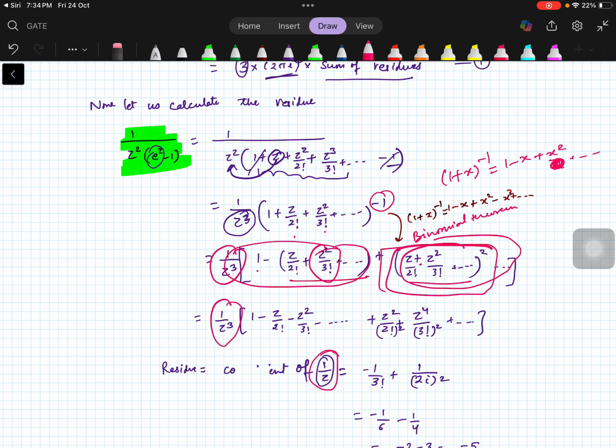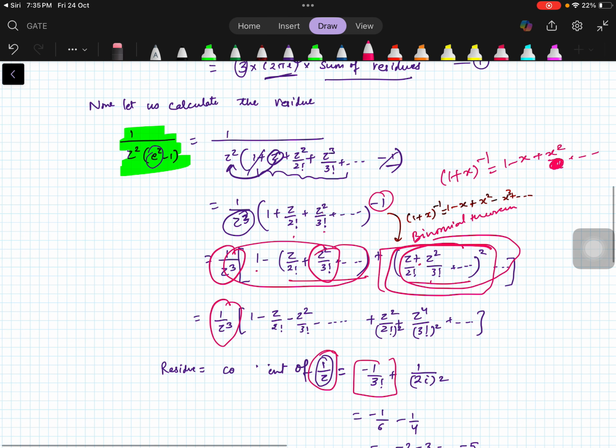So this will be minus 1 by 3 factorial, and from the second term, z square by 3 factorial, the whole square, that will give me, just a minute, we are looking for the coefficient of 1 by z square.